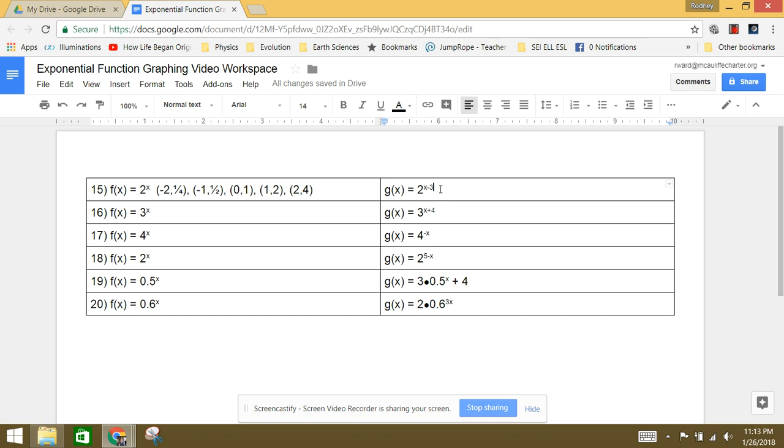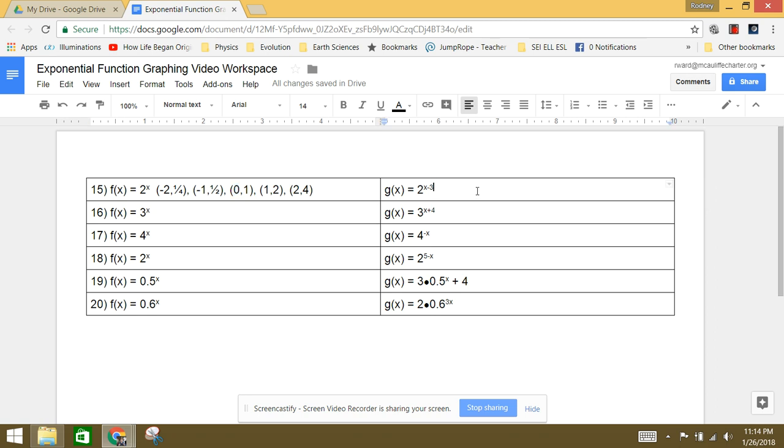One way to approach this is to figure out what x value would make 2 to the x minus 3 the same as 2 to the 0 power. What would have the same effect as this 0 in the x position? What would raise this to the 0 power? Well, x would have to be 3, because 3 minus 3 would be 0.